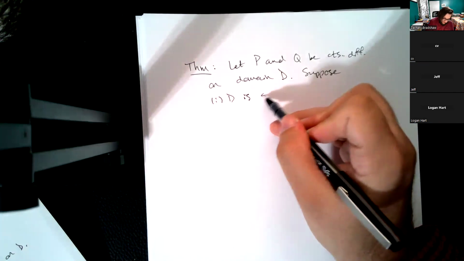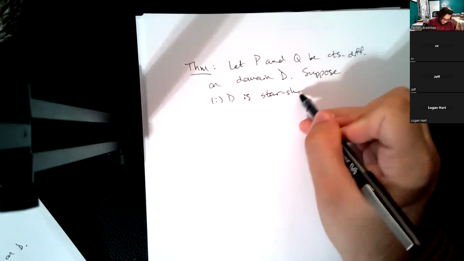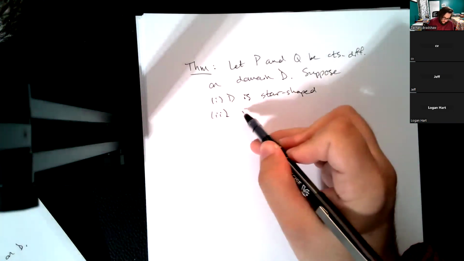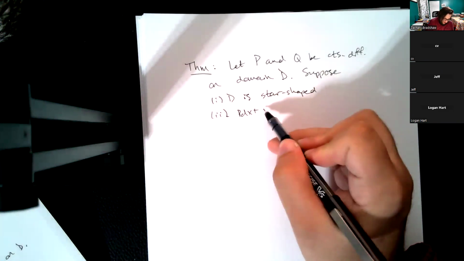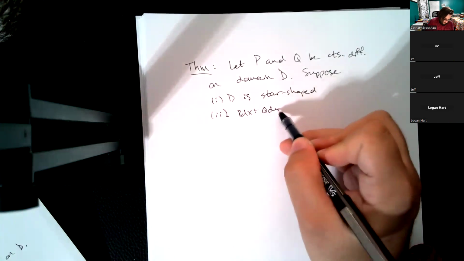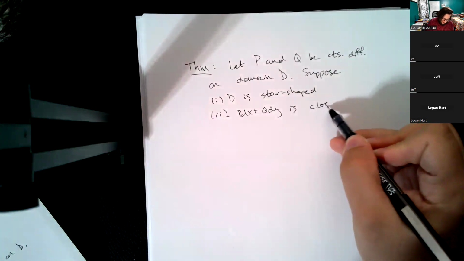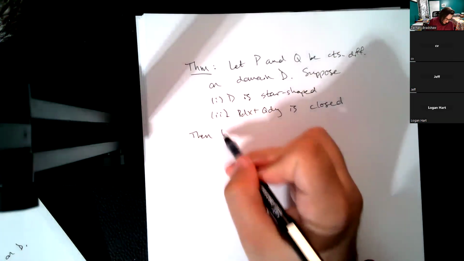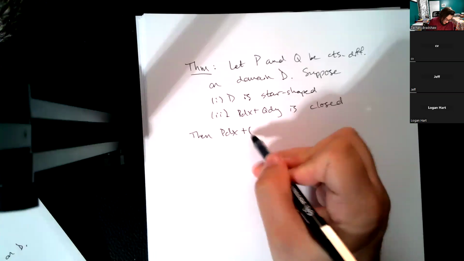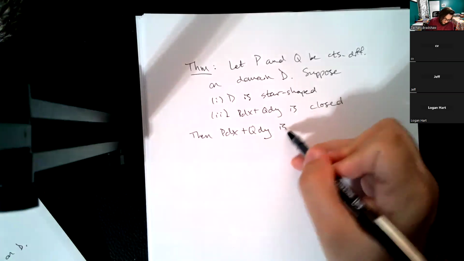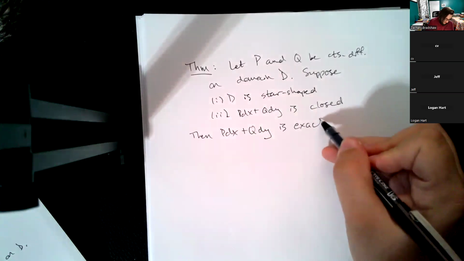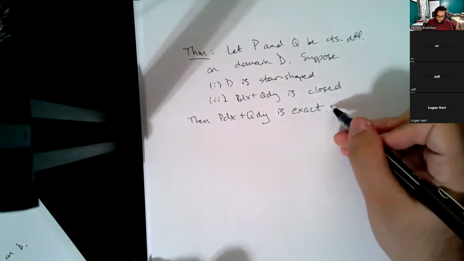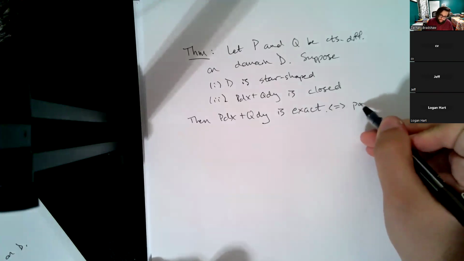D is star-shaped. And the differential is closed. Then the differential is exact, which we learned is equivalent to path independence.